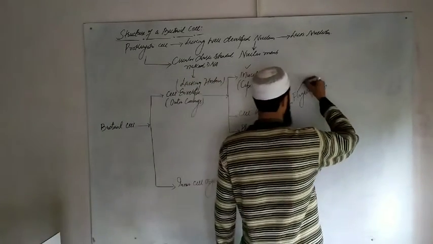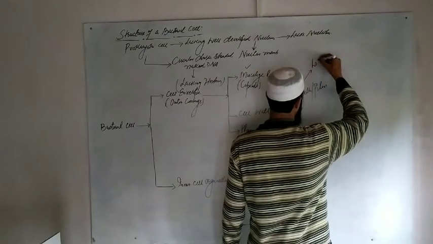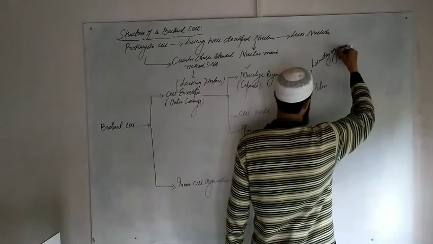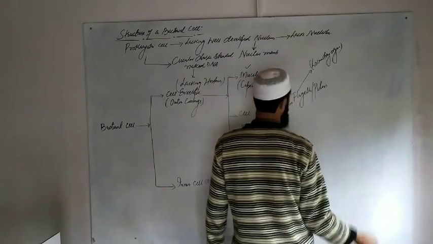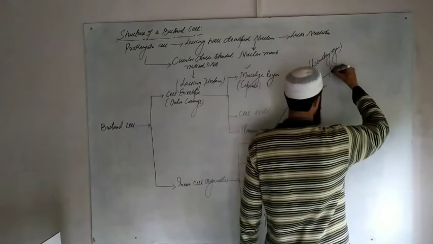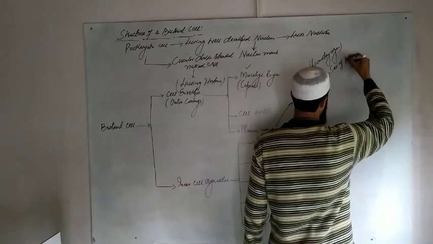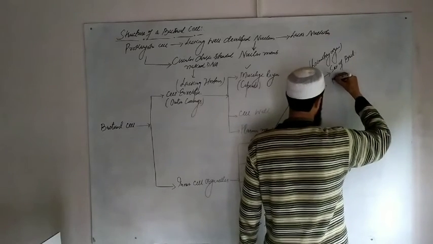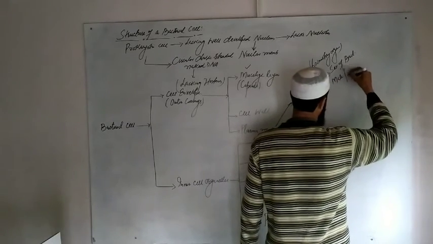Flagella are locomotory organs for movement, and the second type, pilus, determines the sex of bacteria, whether they are male or female.